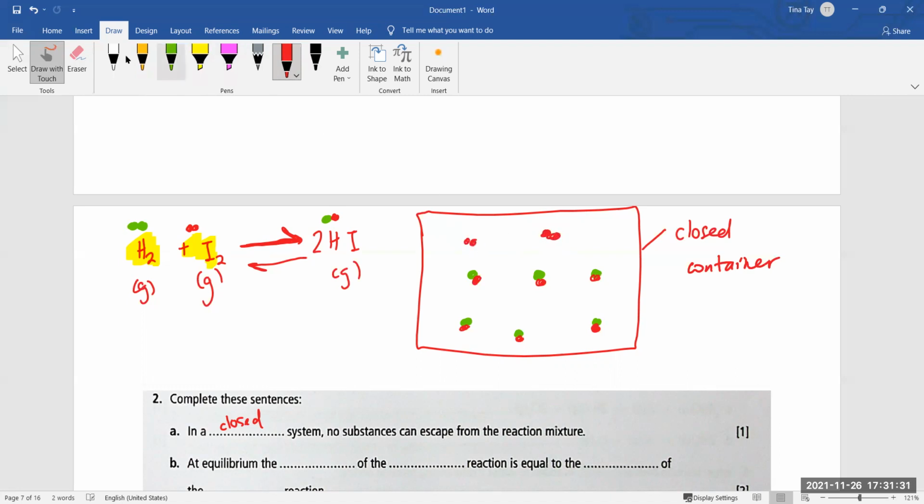So after a few minutes, you will have a mixture of some of this, some of this, some of this. Okay. Now it doesn't go by amounts. It goes by percentage.